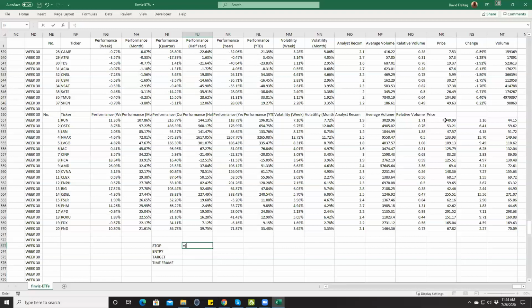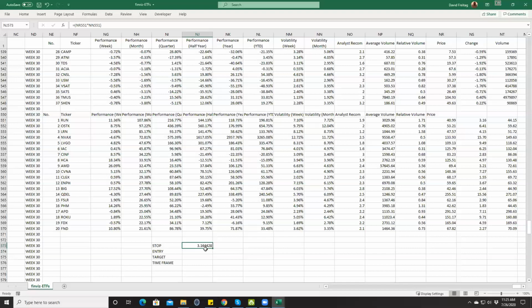Equals the closing price on Friday, times the implied volatility for the month. Well, it's 7.72%. So that's what they expect the move to equal at the extreme. So I close that off, and it's a $3.16 move. Now that is my expected move.